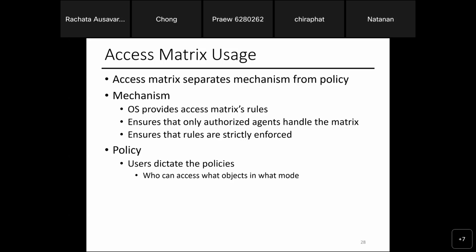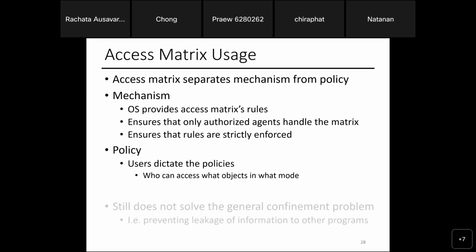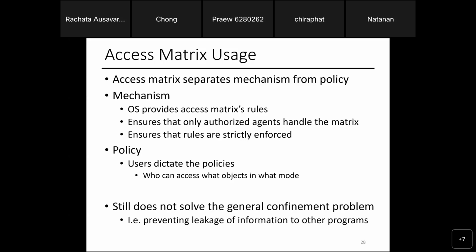That's not good, right? The user should not be able to enforce the rule, so we just let the OS handle that. It still doesn't solve the general confinement problem, which means I have to prevent leakage of information to other programs. But we're going to talk about this more in the security part of today's lecture.